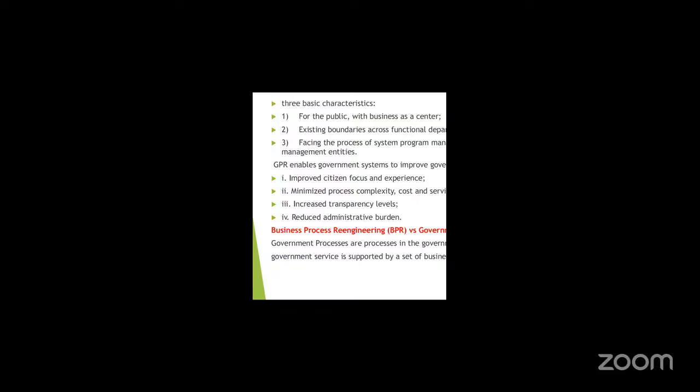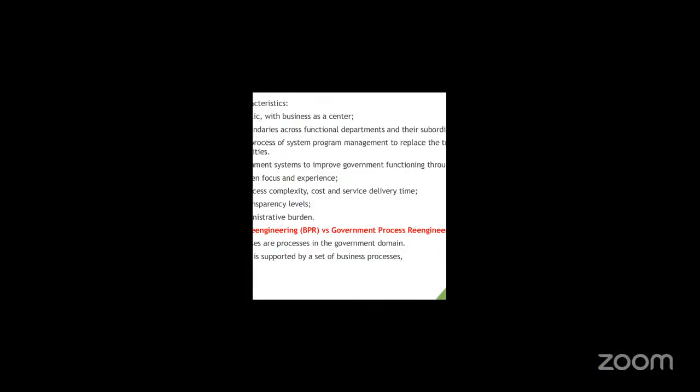These all come under the business process. Then what is a government process? The government process is a set of activities performed by the government, that is initiated by an event, that is a service request or event or the cause.